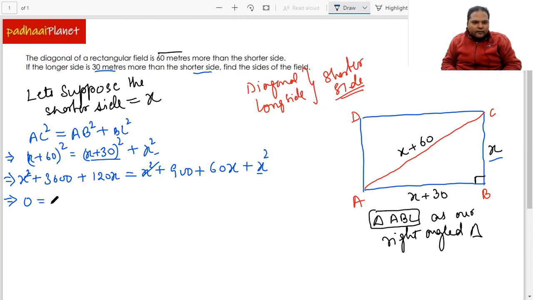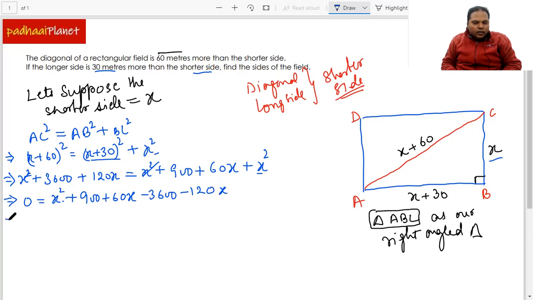So that is equal to x square plus 900 plus 60x minus 3600 and minus 120x.